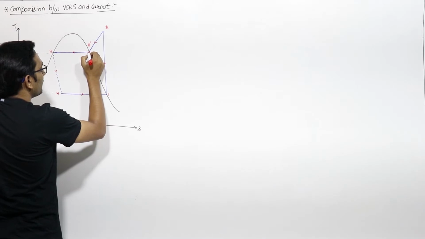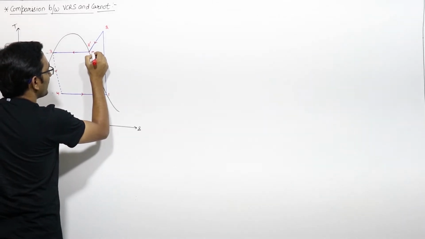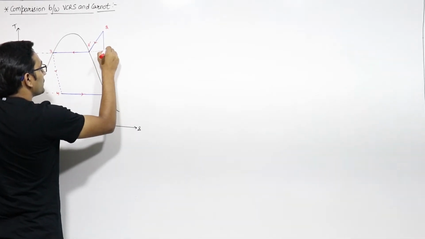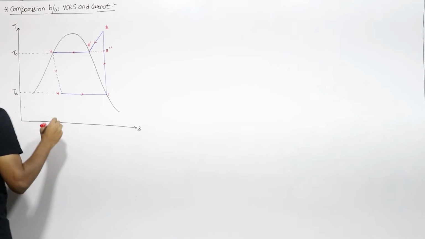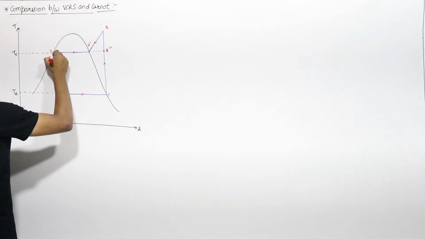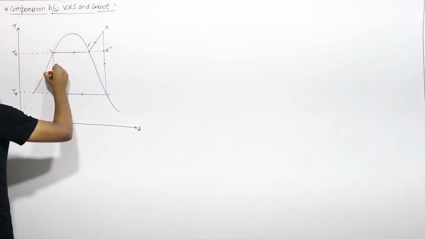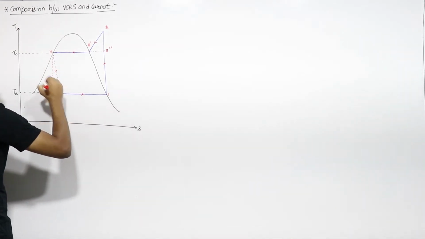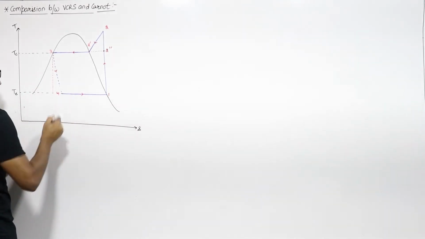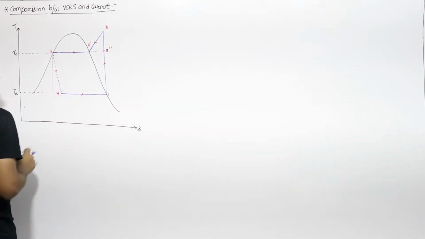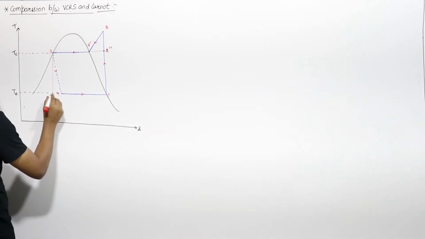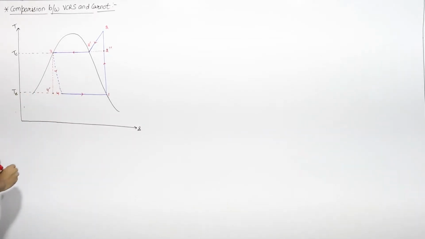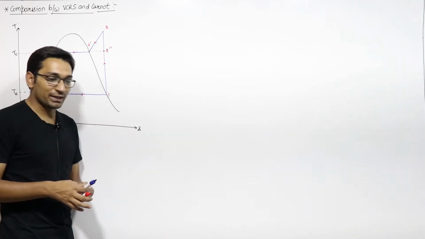So if I extend this like this, suppose this point is 2 double dash, and a straight vertical line represents the reversible adiabatic expansion. Suppose this point is 4 dash.